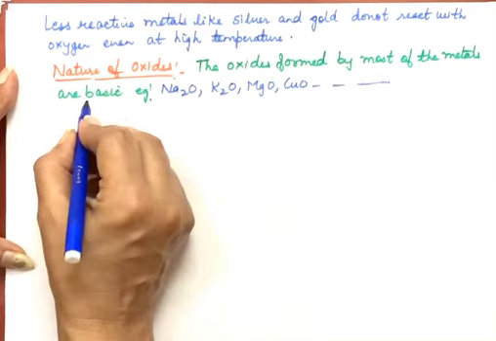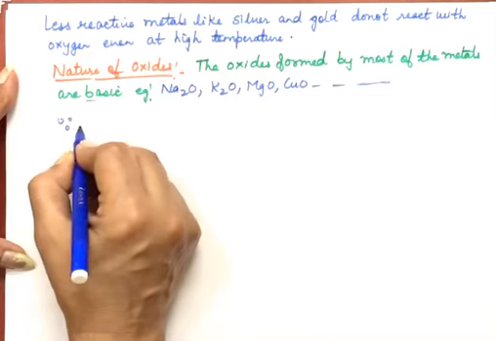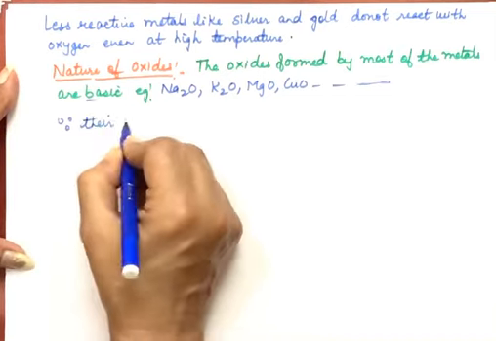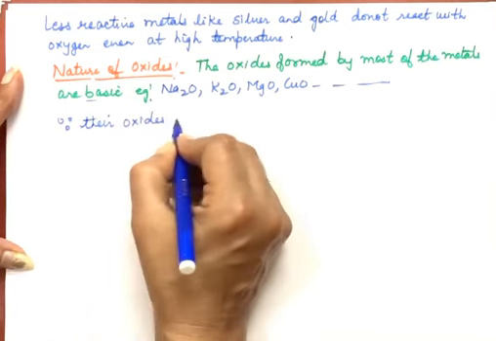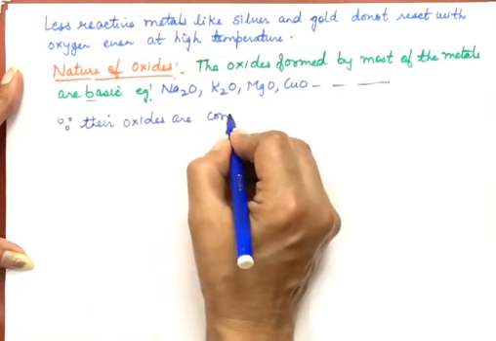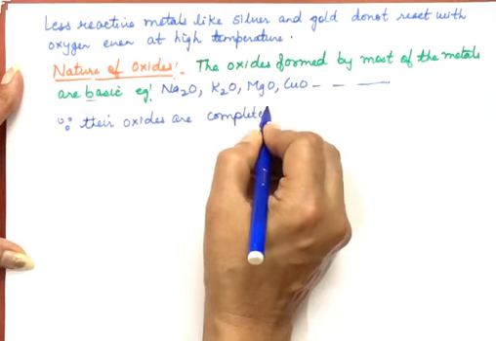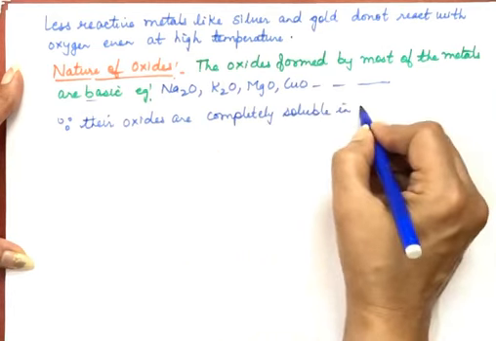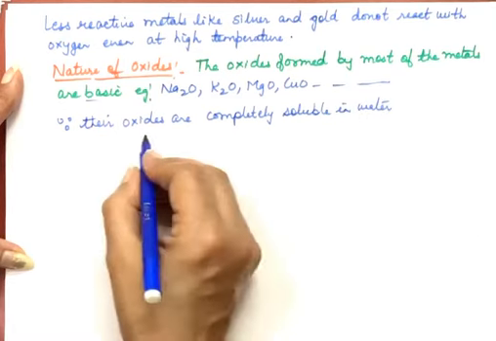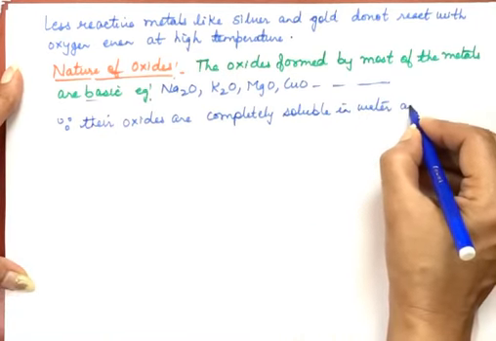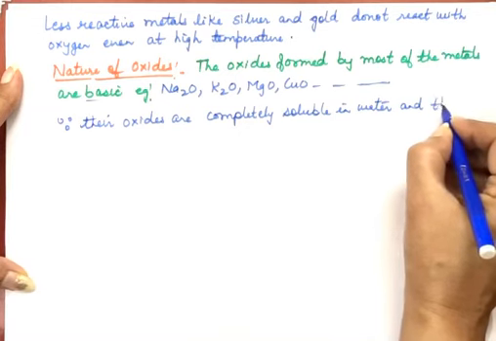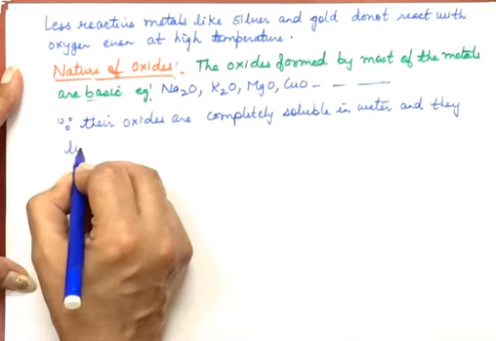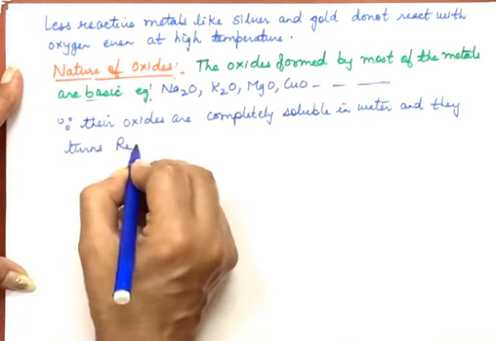Why do we say they are basic in nature? Because when we add water to these oxides, they dissolve completely. So they are completely soluble in water, and the solution that we get of the oxide in water is basic, because it turns red litmus to which color?